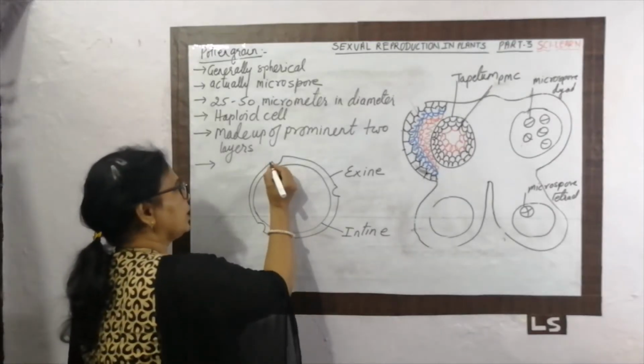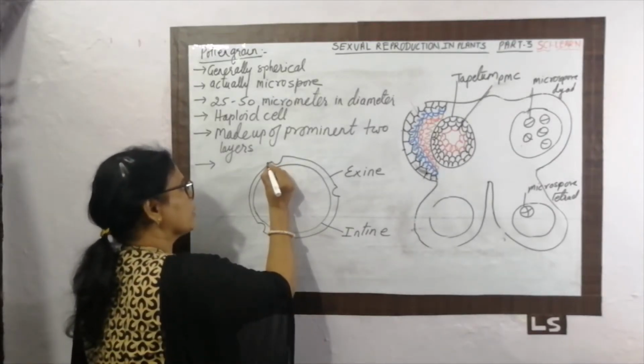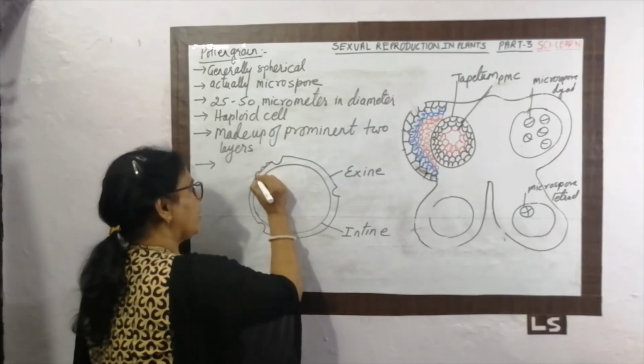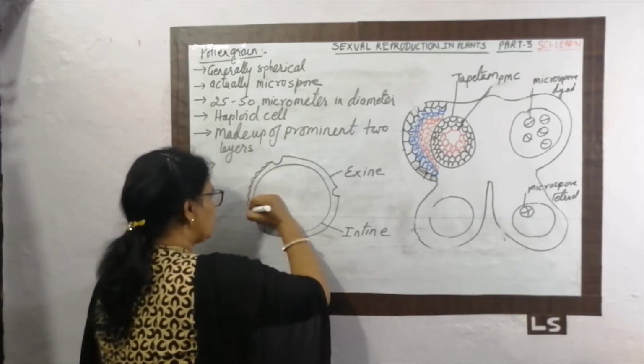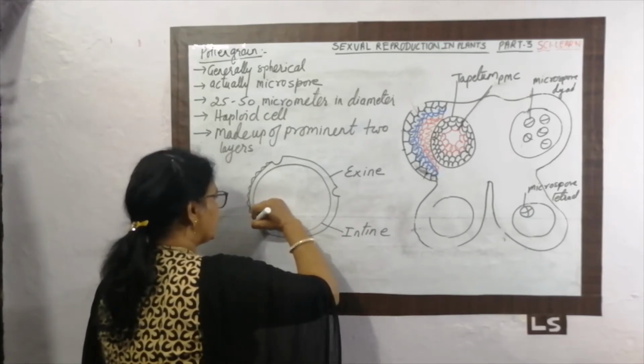In the exine, the outer layer, in some spores a spine-like structure is present. It is not compulsory for each and every spore.